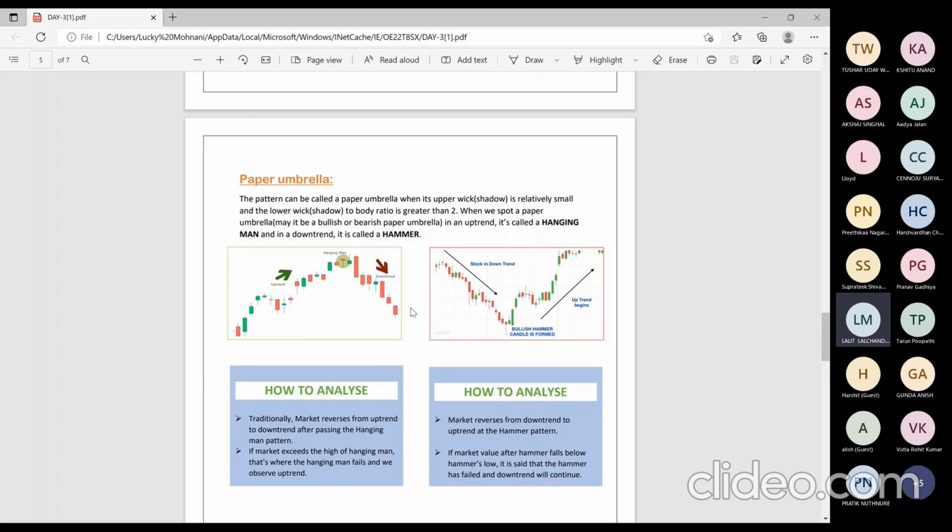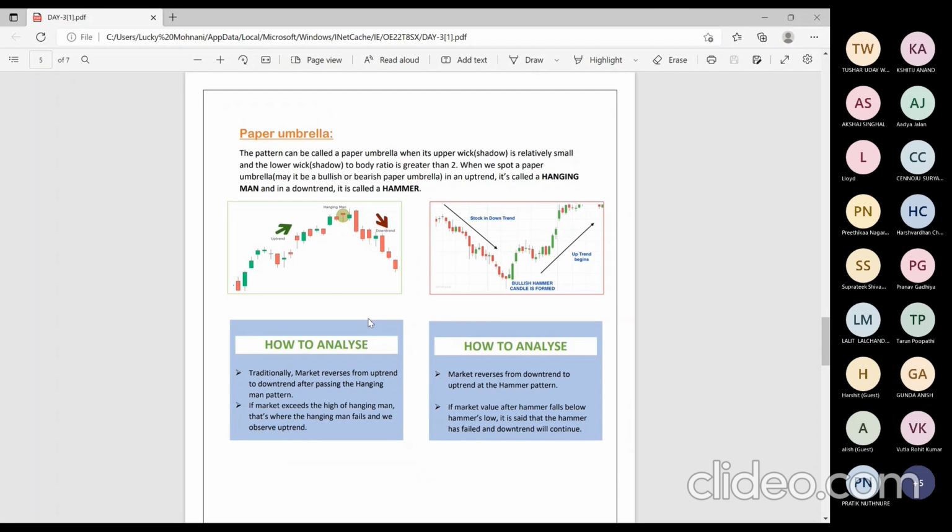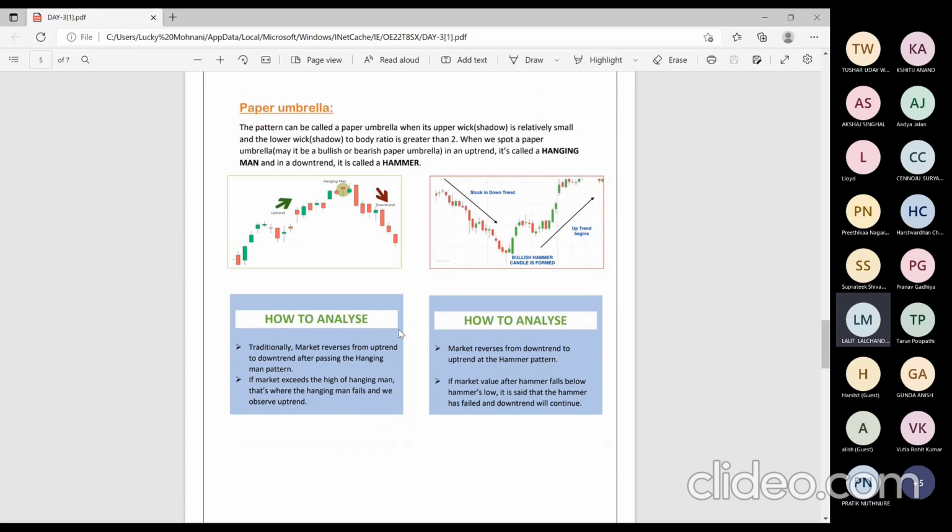Now, this pattern can be called a paper umbrella when it has a very small upper shadow, and the lower shadow is generally two times greater than the body. It can be further divided into two.